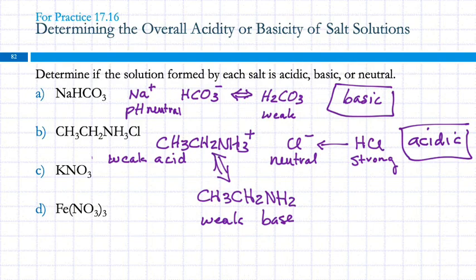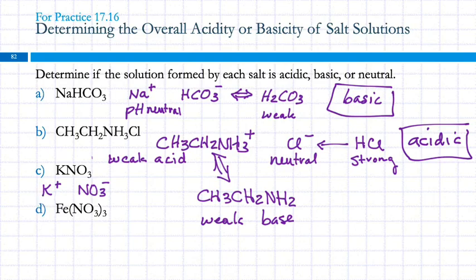What about KNO3? Potassium ions and nitrate ions. Can potassium ion act as an acid? No. This is the counter ion of a strong base, potassium hydroxide.